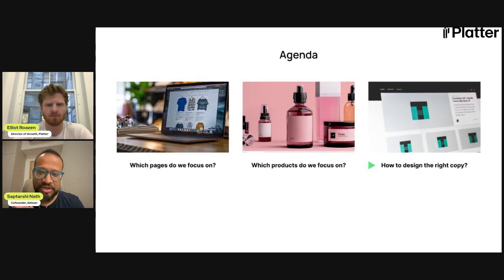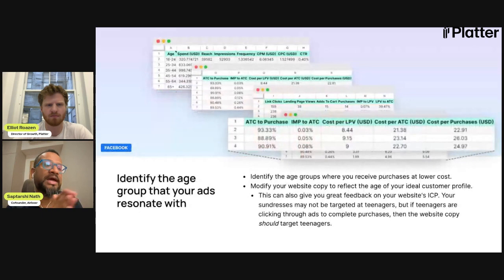I quickly want to talk about one specific aspect of copywriting, which is understanding who you are talking to. Different ads might be targeted at different people, but you might find a certain type of people resonating with your ads. In certain cases, it's very straightforward.